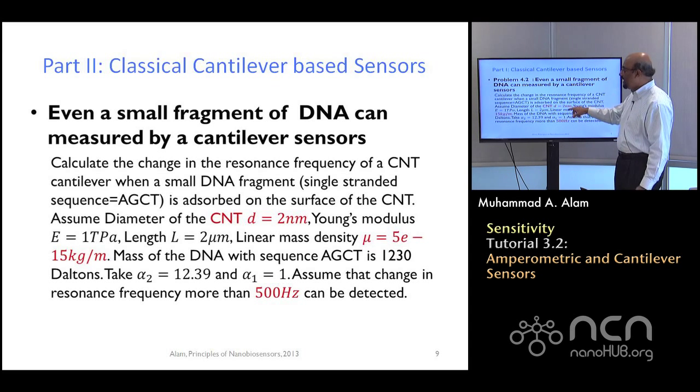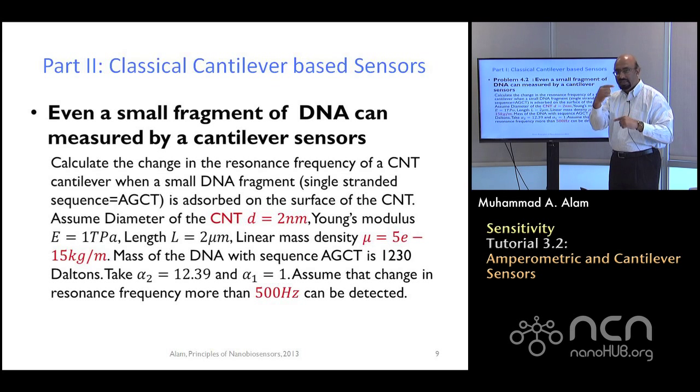So for example, here, instead of using the classical cantilever, which has about 1.5 micron width, let's use a carbon nanotube. A carbon nanotube only has a 2 nanometer diameter, right? W has effectively gotten very, very small. Thickness, previous case, 25 nanometer. Here, let's say we make it 2 nanometer.